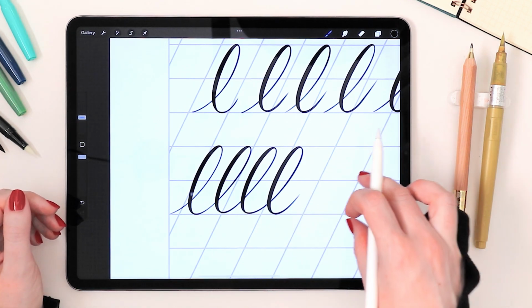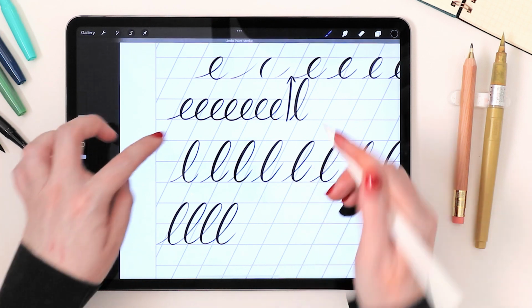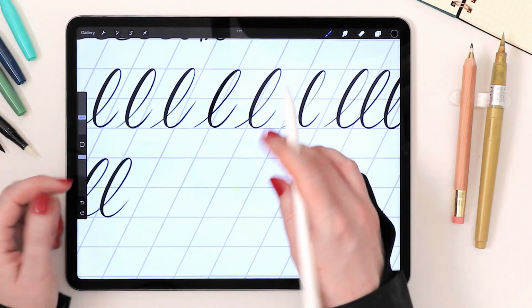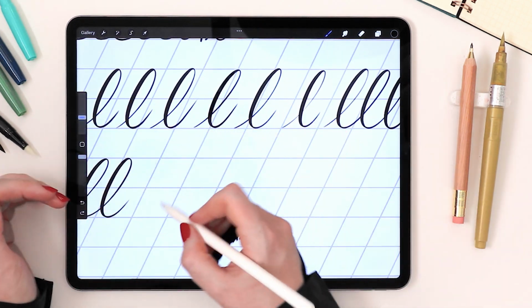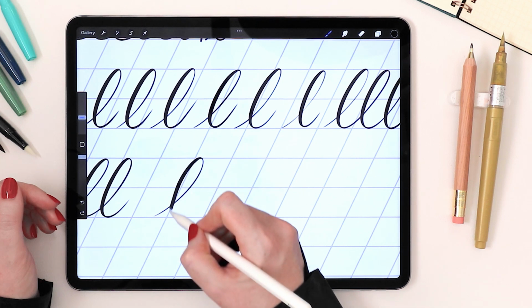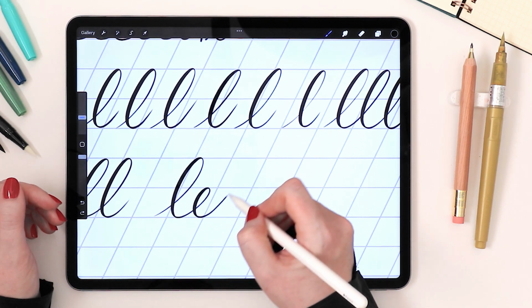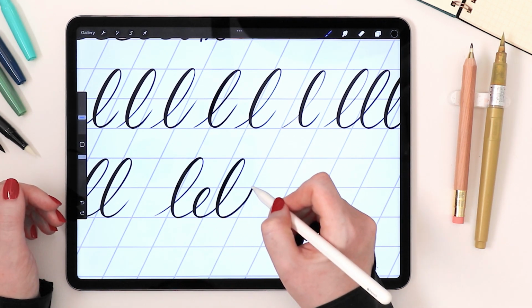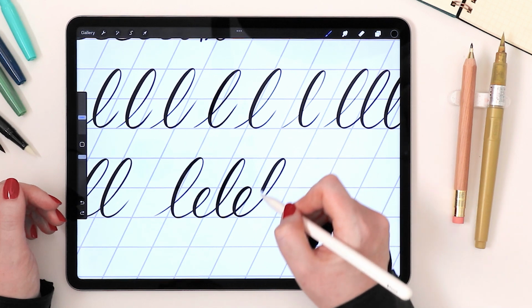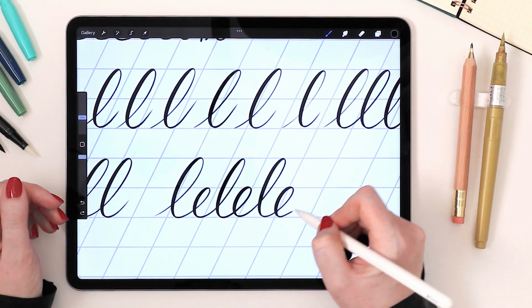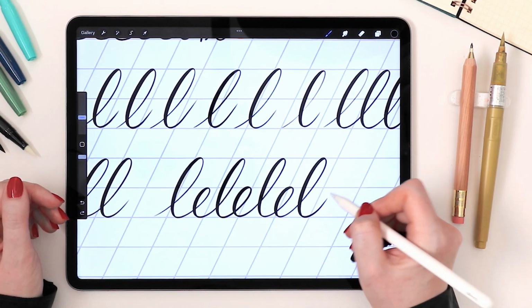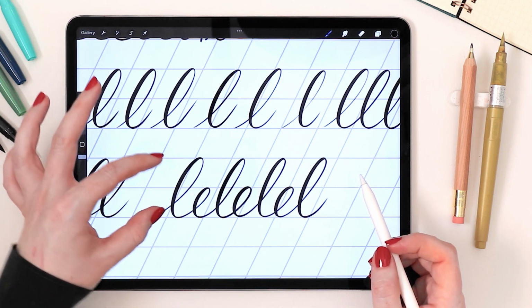Now for an added challenge, let's combine this and this. So you have tall, short, tall, short, tall, short. You can already see most likely that this, again, even more closely emulates real script writing in the sense that actual lowercase letters really do vary between heights.